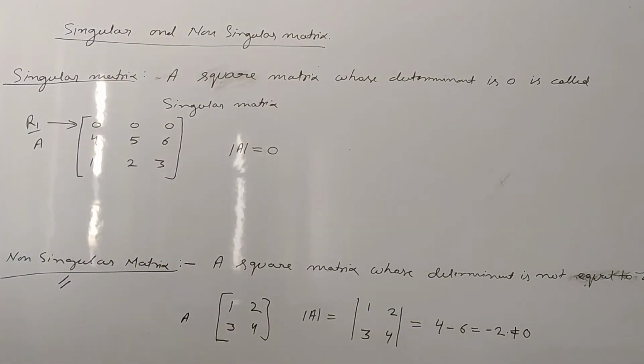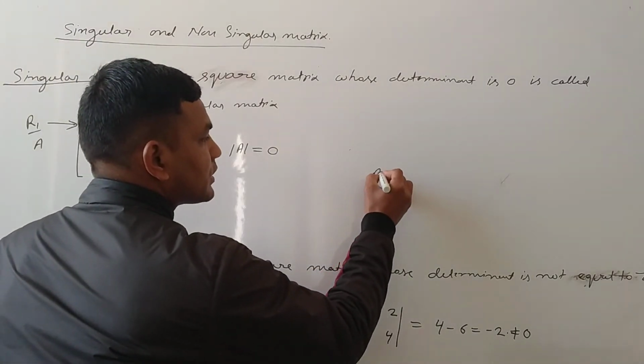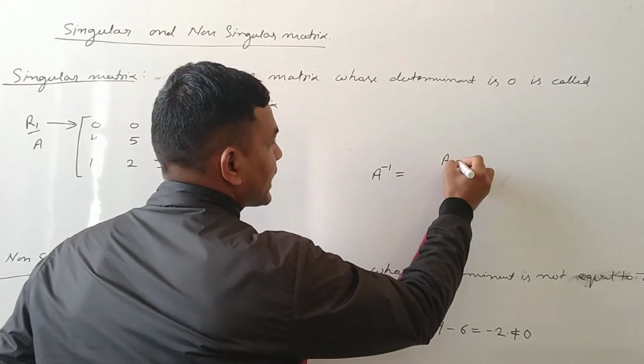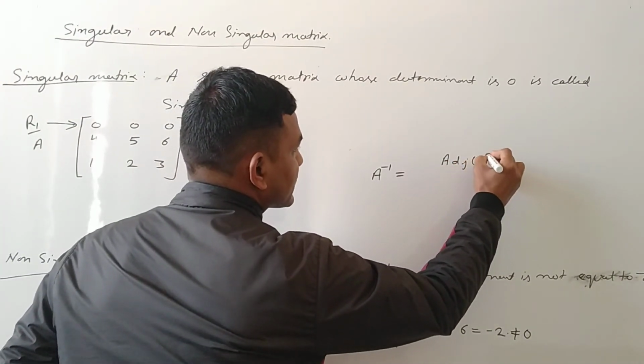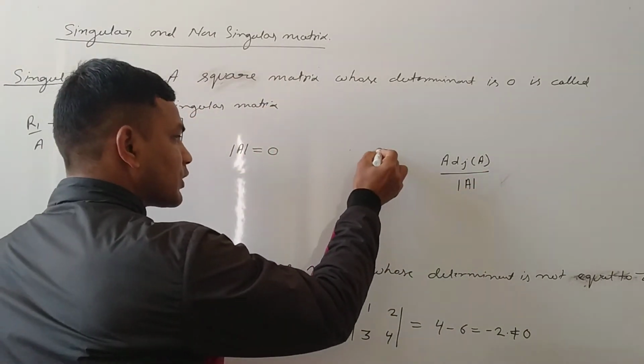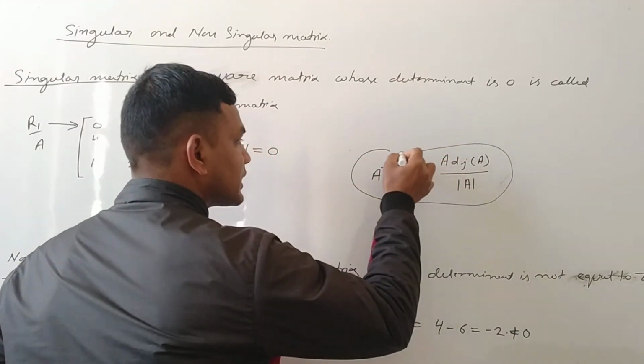Next is the inverse of the matrix. In the next lecture we will learn about the inverse of the matrix, and always the inverse of the matrix is equal to the adjoint of matrix A upon the determinant of A. This is the formula for calculating the inverse of a matrix.